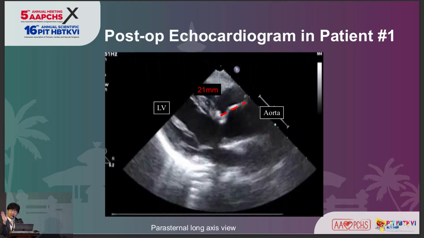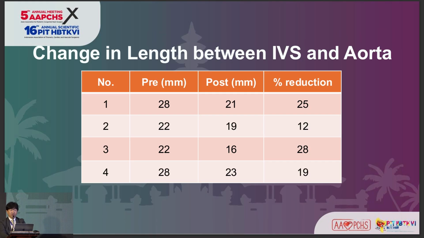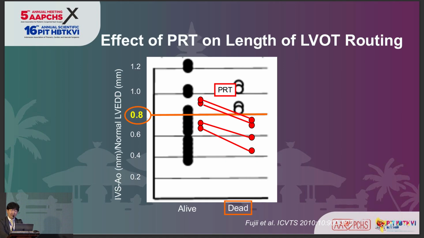Then it is shifted a little bit posteriorly to the aorta. It is very useful, and for a long distance from the left ventricle to the aorta, it is one of the options for a good surgical outcome. A very simple operation, but effective for avoiding LVOTO.